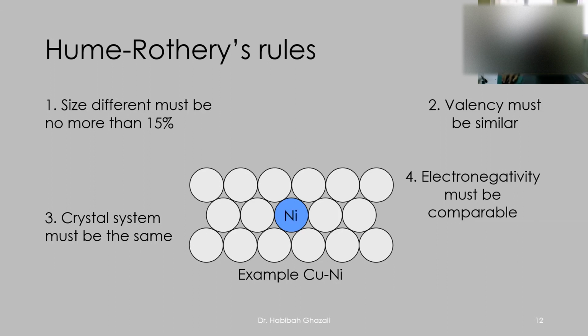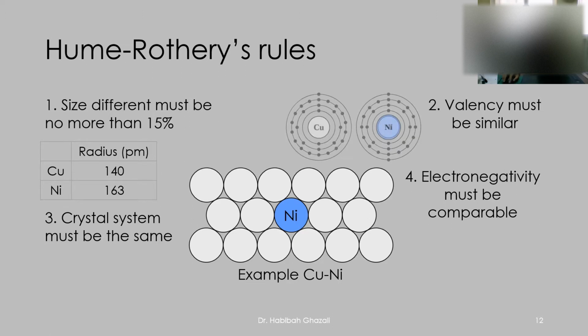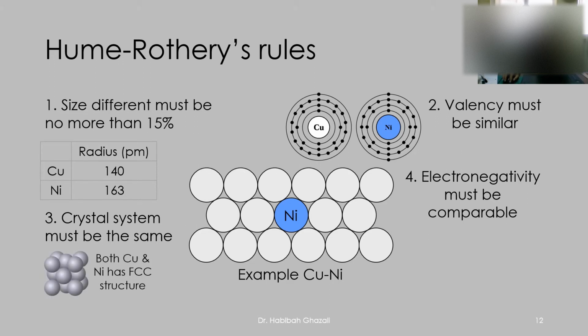The reason is that their radii differ by no more than 15%, they have the same valency and the same crystal structure, and the electronegativity is also comparable. These are the four rules that must be fulfilled for substitutional atoms to reside in the host material's lattice point.